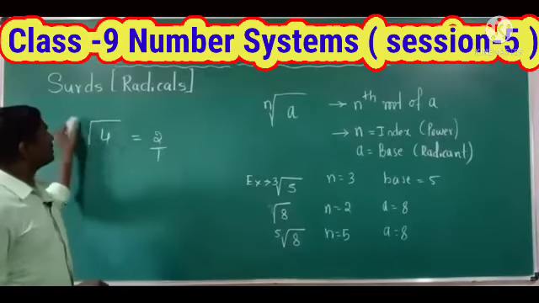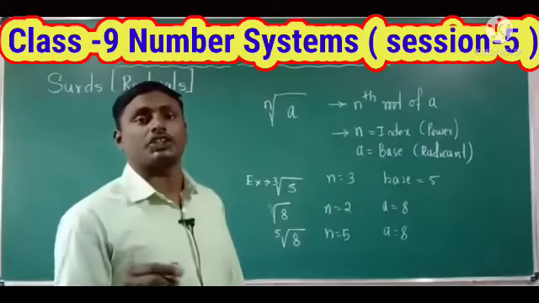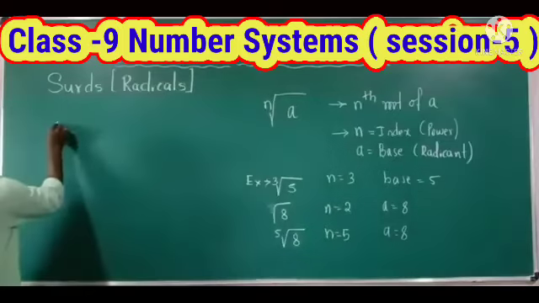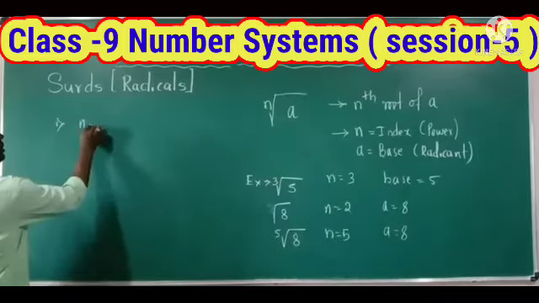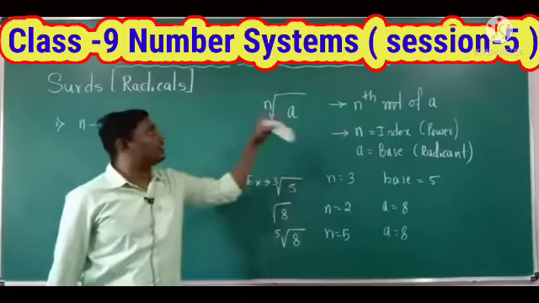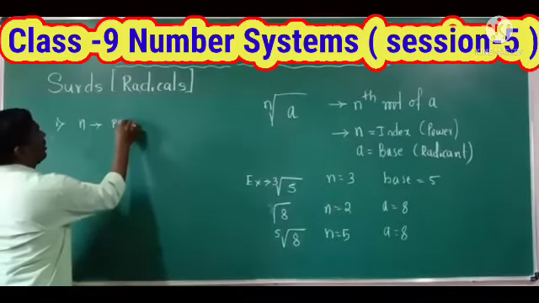So how can we identify radicals, or what are the conditions to identify radicals? First condition: n means the power of the radical.